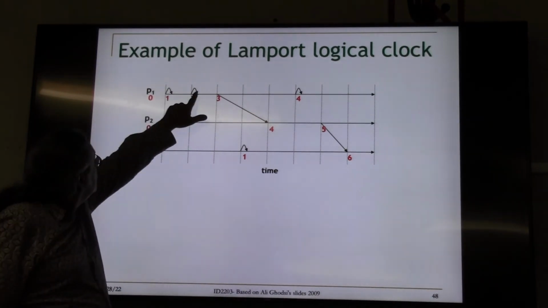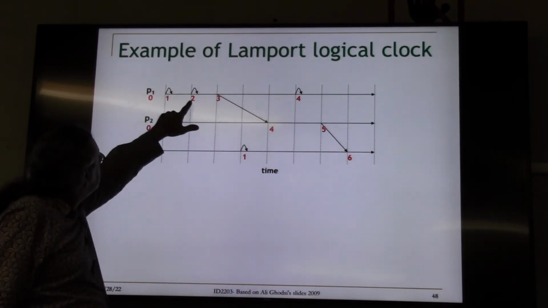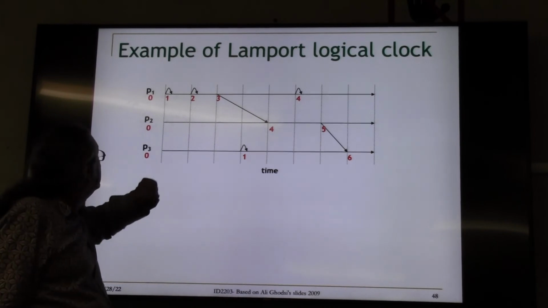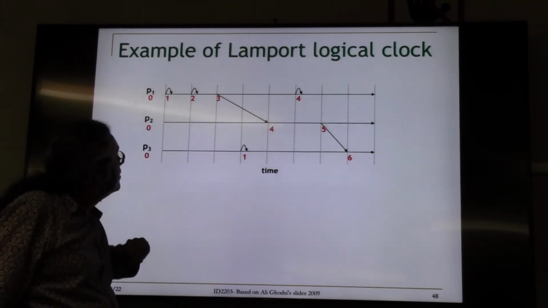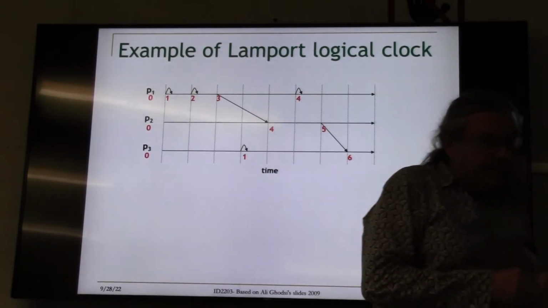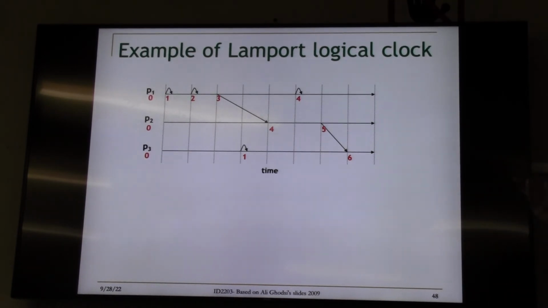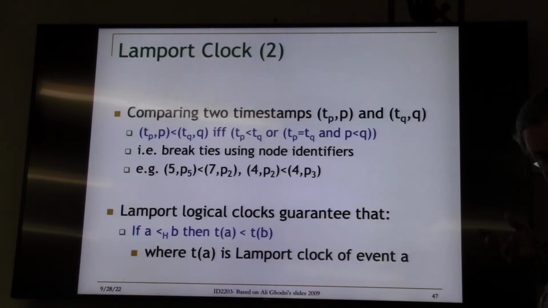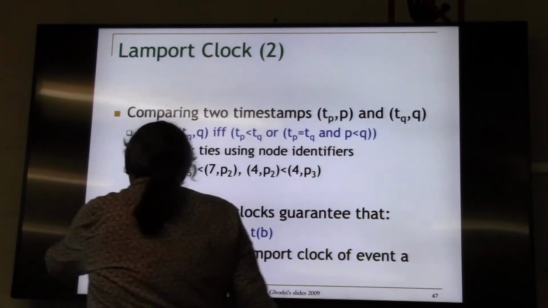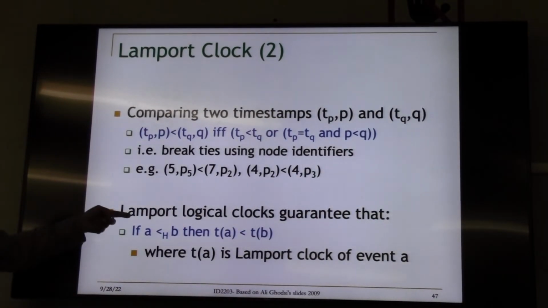For example, these 2 events, 1 is less than 2, 0 is less than 1. So it's telling me something about the order of the events, right? So this is what a Lamport clock guarantees for me.